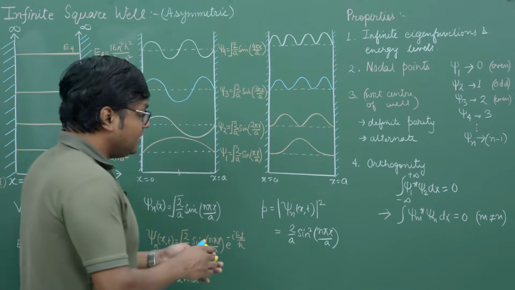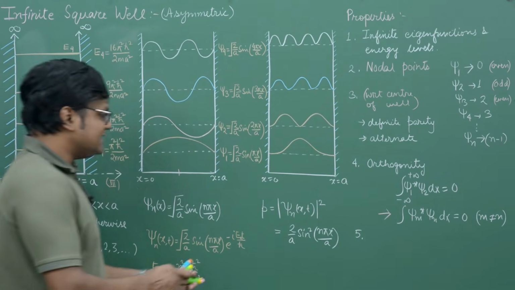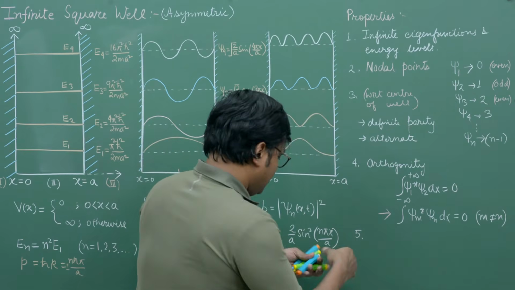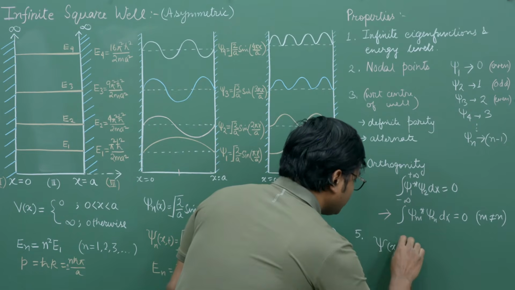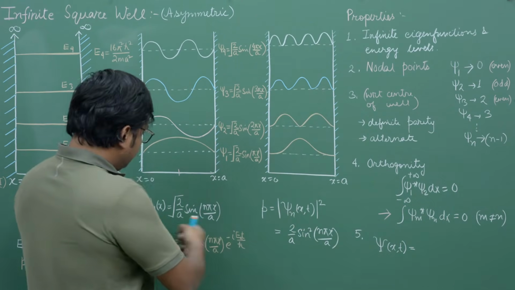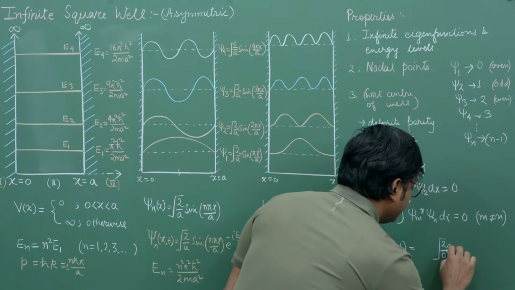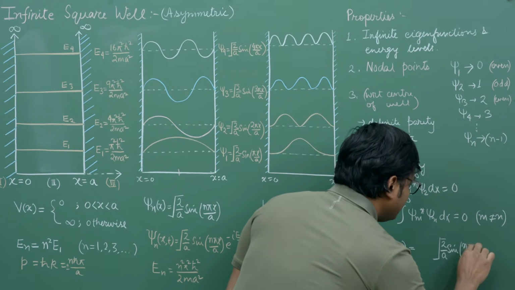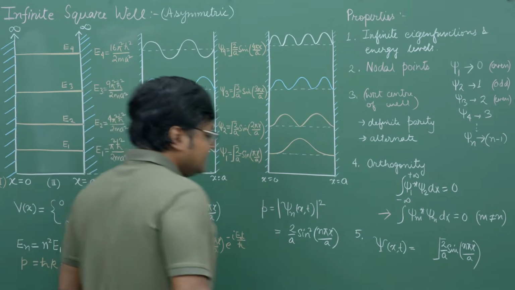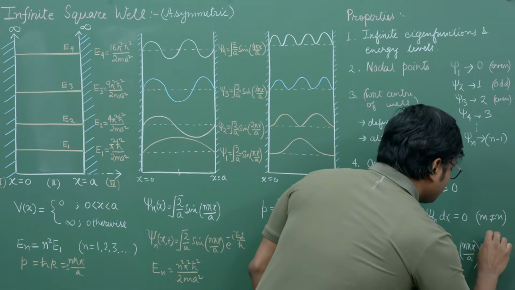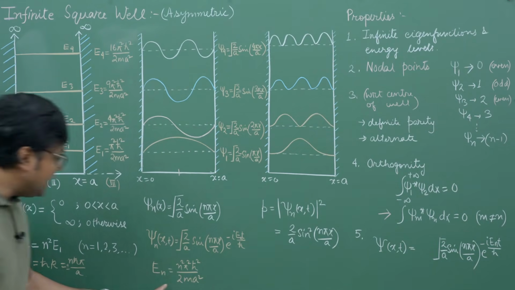And finally, the general wave function solution of this particular system is nothing but psi of x,t equal to the eigenfunction solution, first of all, root over 2 upon a sine of n pi x upon a, e to the power minus i E_n t upon h cross, where E_n is the energy levels.